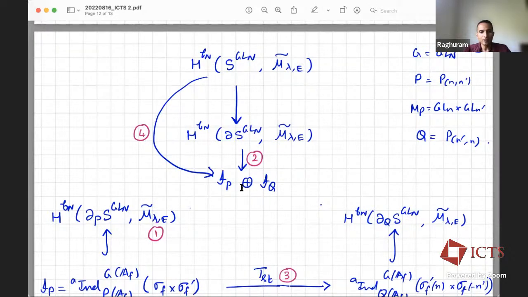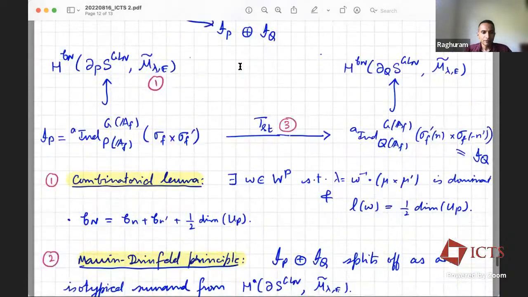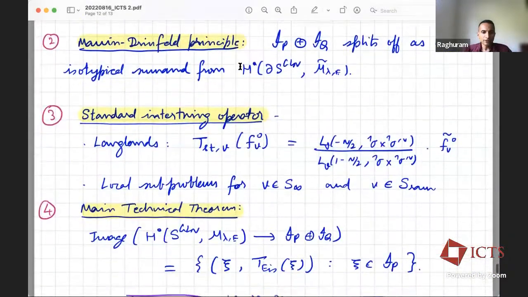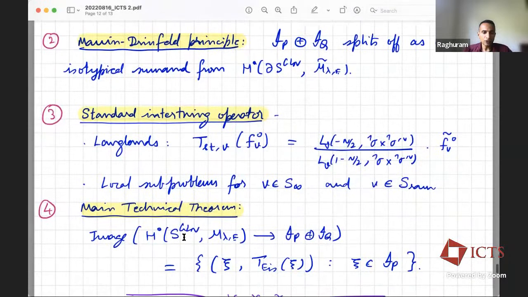So this is like a plane, and the image of global cohomology in this plane is like a line in this plane. The main technical theorem is to prove that the image of total cohomology in the sum of these two pieces looks like a class here and some partner of that class, T sub I, like an Eisenstein operator applied to Xi.